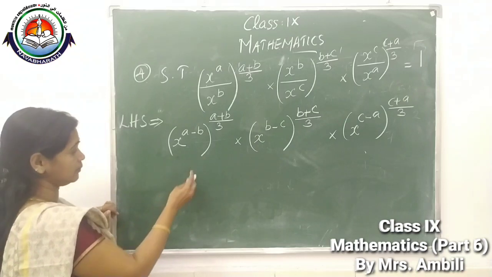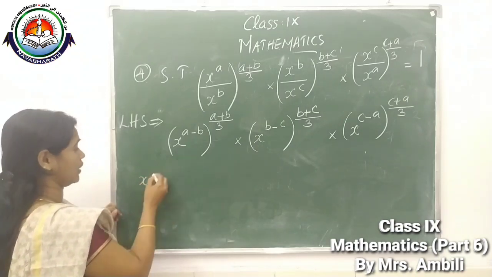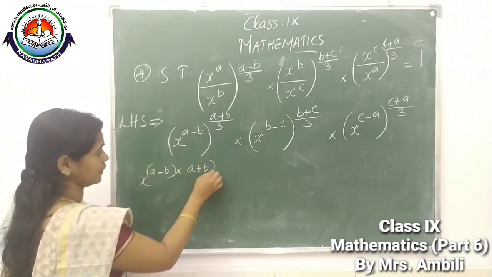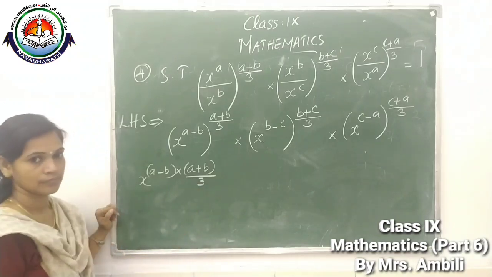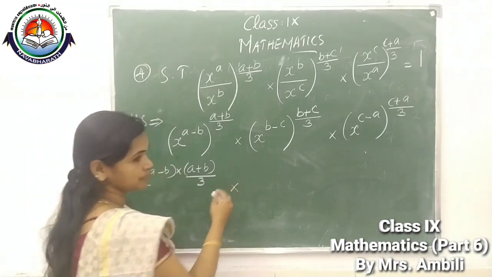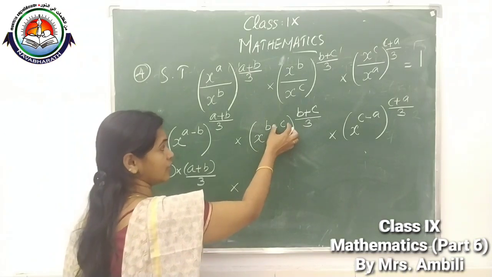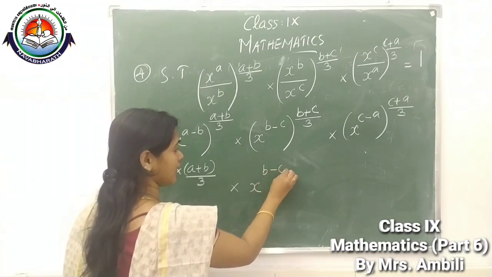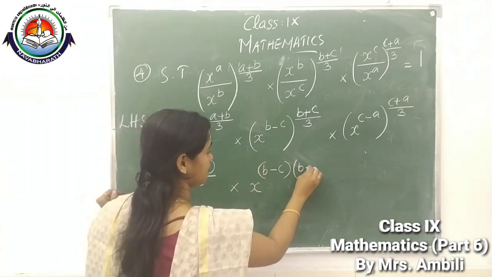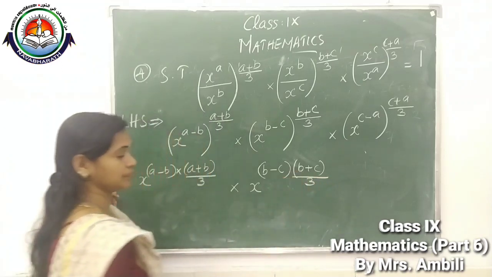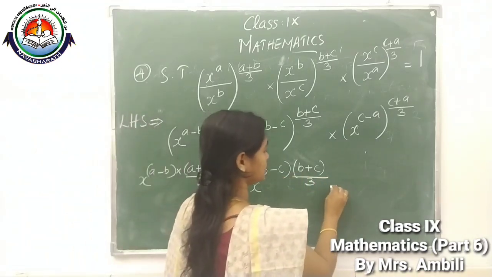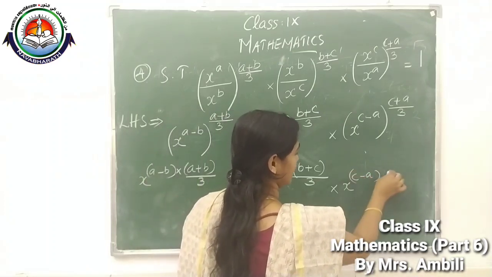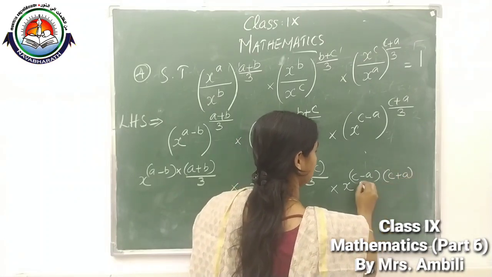So we can write x^((a-b)(a+b)/3) × x^((b-c)(b+c)/3) × x^((c-a)(c+a)/3).